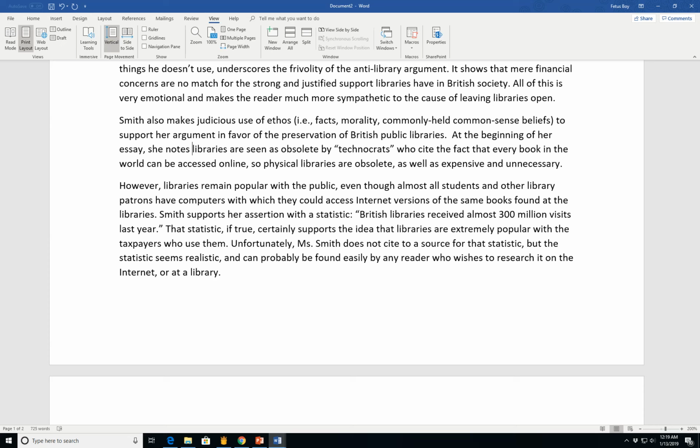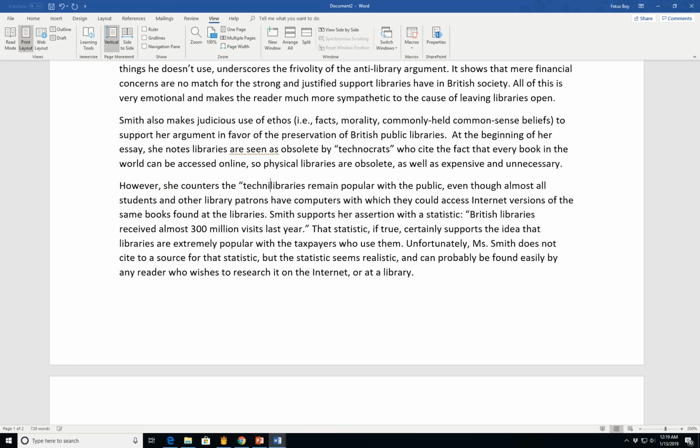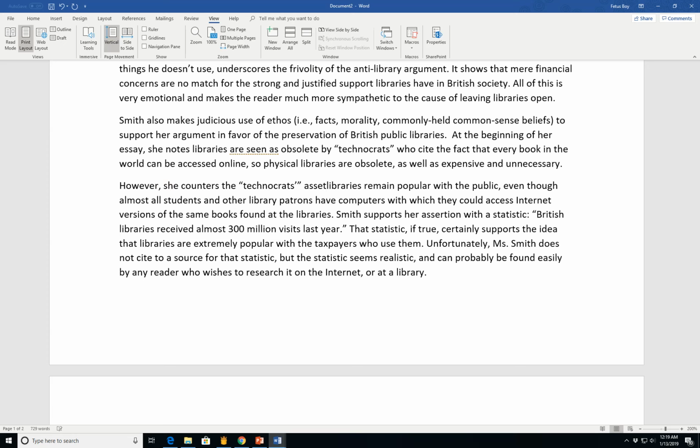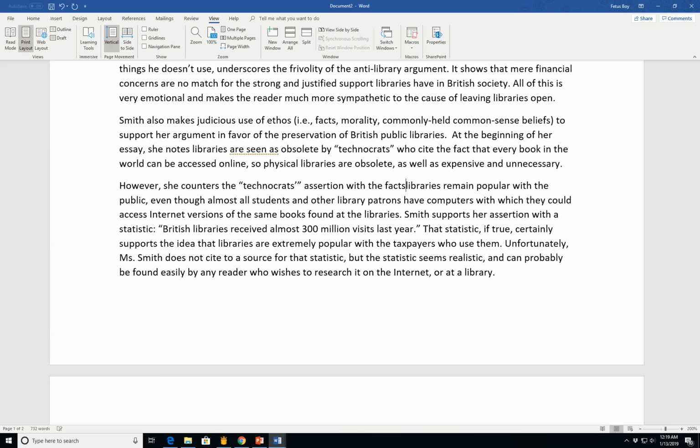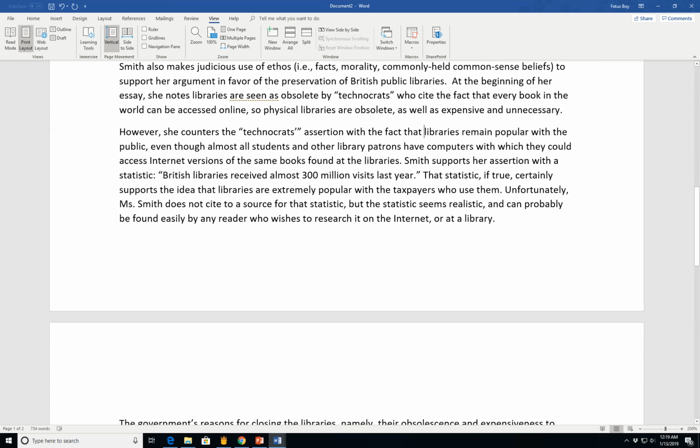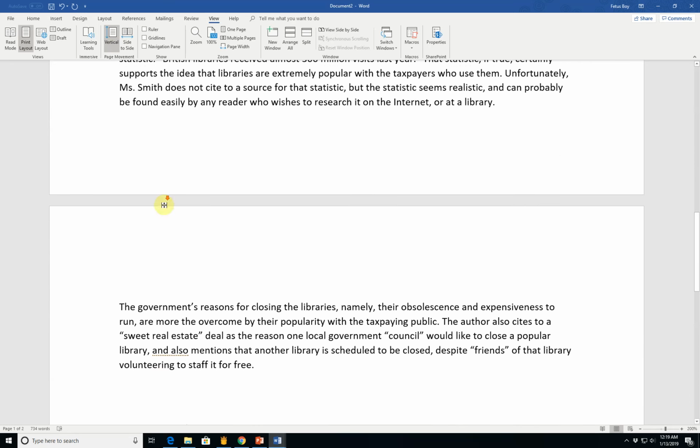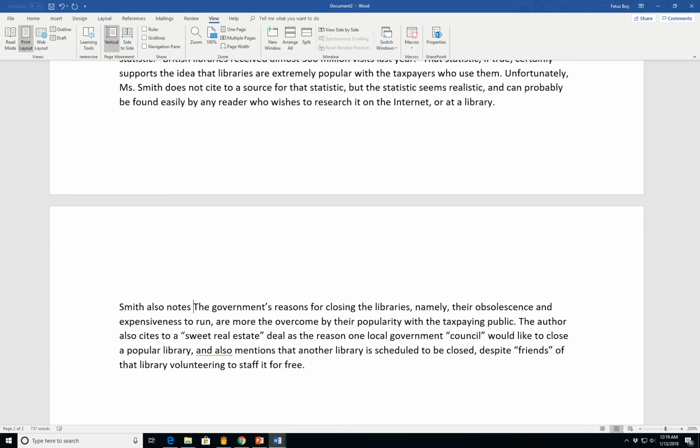However, she counters the technocrats that libraries are not more than overcome by their popularity.